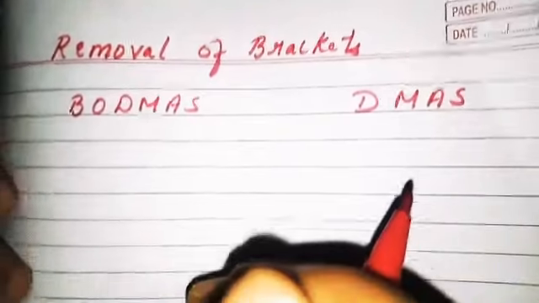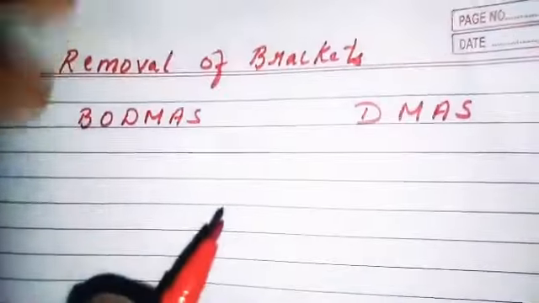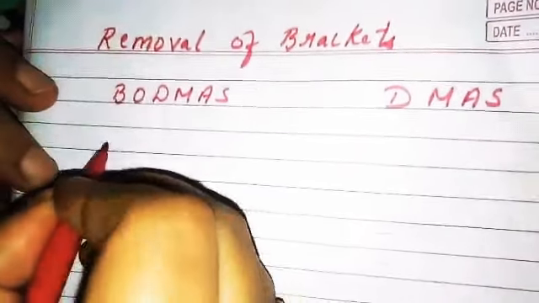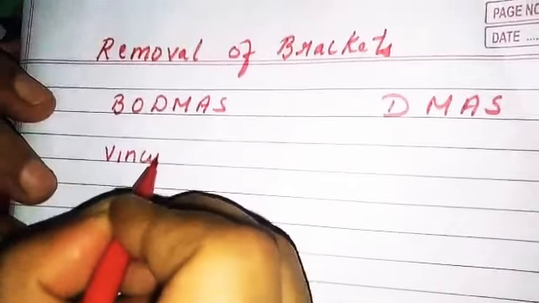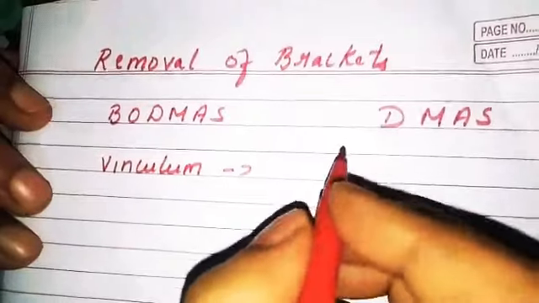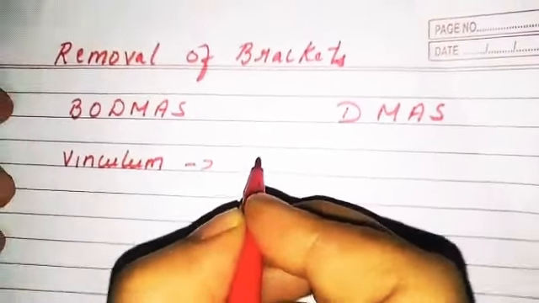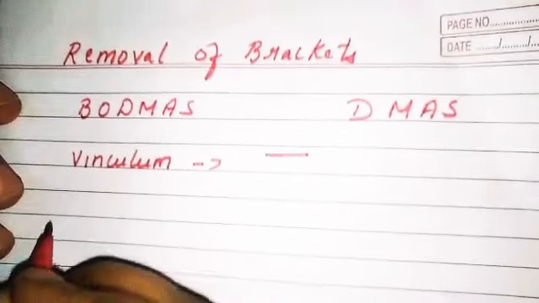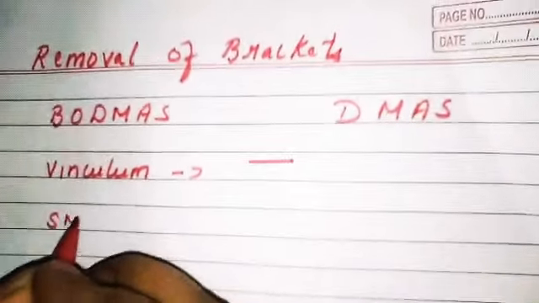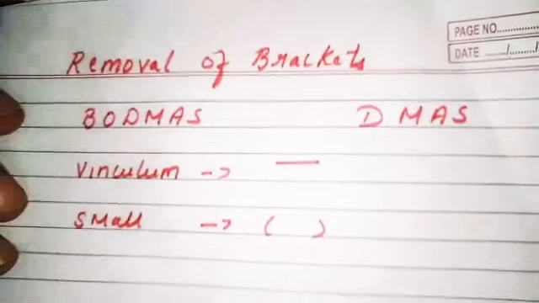the bracket. Under this, we are going to study 4 kinds of brackets. The first kind is called the vinculum. This is the first kind of bracket, and the symbol of this bracket would be something like this. The second kind of bracket is the small bracket, and we all know how the small brackets look.